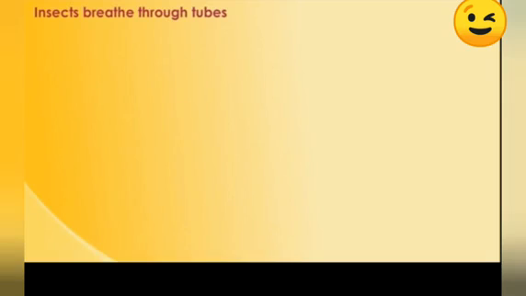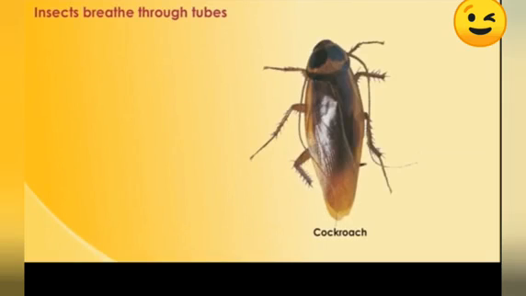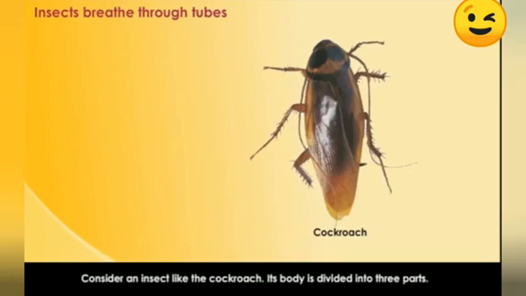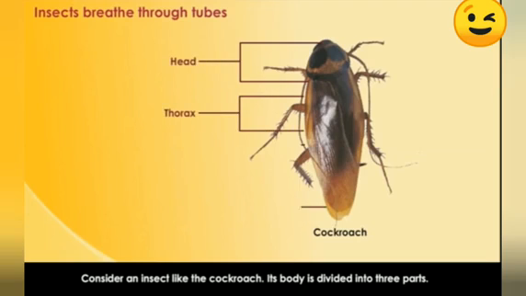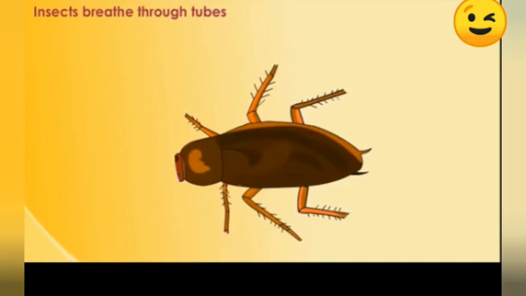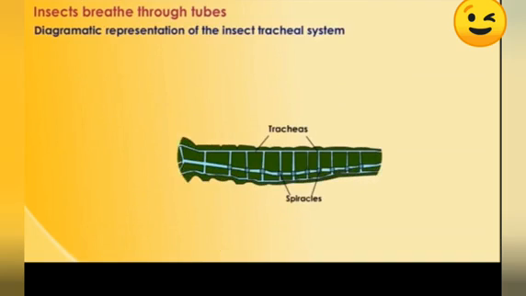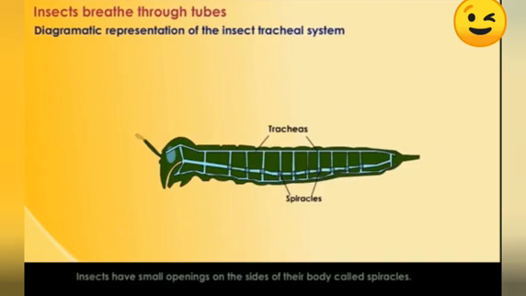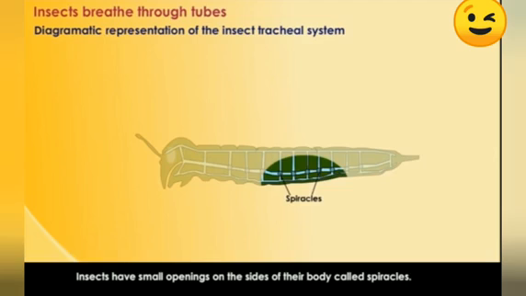Insects breathe through tubes. Consider an insect like the cockroach. Its body is divided into three parts: head, thorax, and abdomen. Insects have small openings on the sides of their body called spiracles.